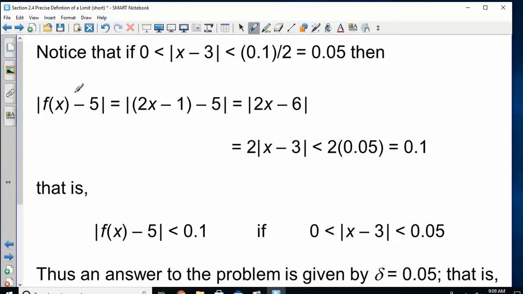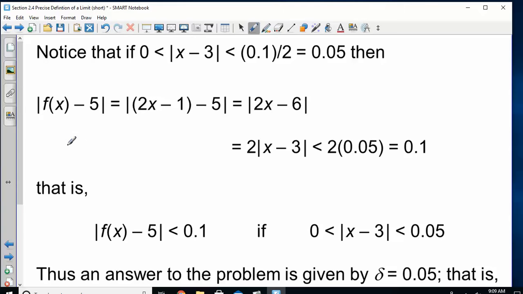Let's say I took my 0.1, which is just a number I made up. I said I wanted to be within a tenth. If I divide that by 2, I get 0.05. Okay, look what happens. Right now I'm just giving you a lot of stuff. I'm walking you through an example. You really don't know where I got any of these numbers. We're going to get there later. Right now I'm just trying to get you used to some of the notation that we're going to see along the way.